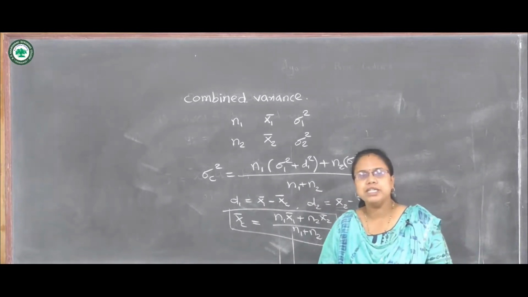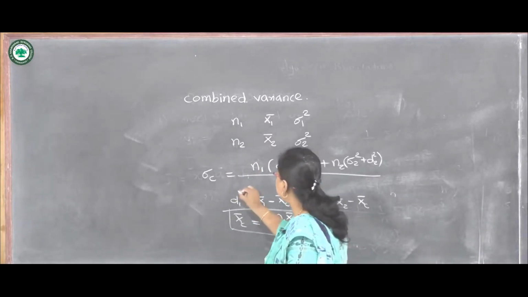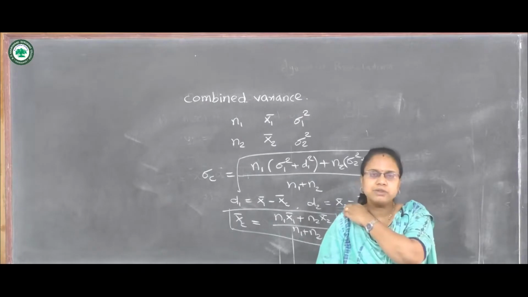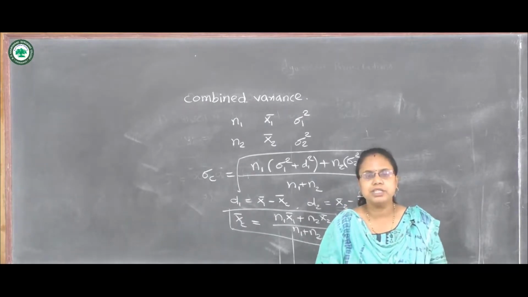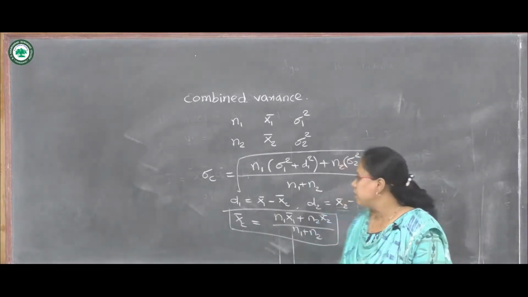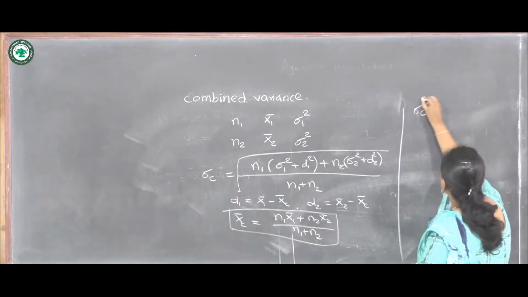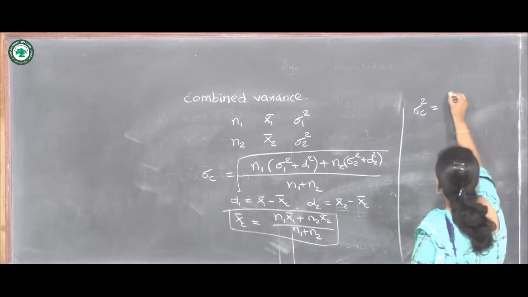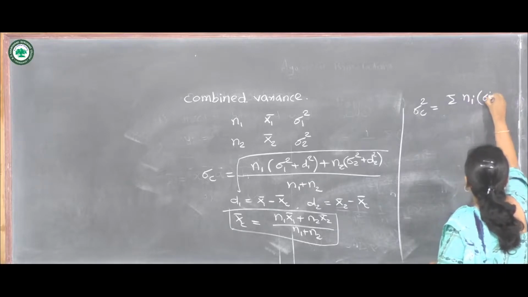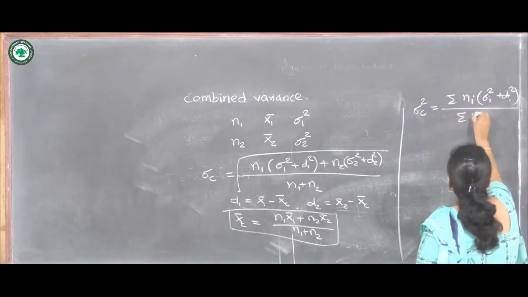To compute the combined standard deviation, that is sigma c, we will just take the square root of this term, and this property is generalized for n data sets. Suppose there are more data sets, then we can calculate sigma c by the formula: sigma c square, that is the combined variance, is summation of ni into (sigma i square plus di square) divided by summation of ni.